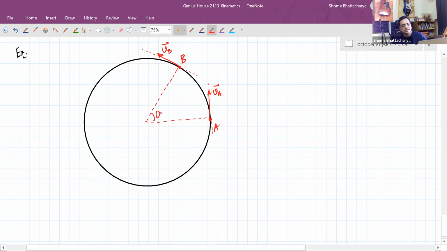Suppose they are subtending an angle theta. So this is the situation at t equal to 0.